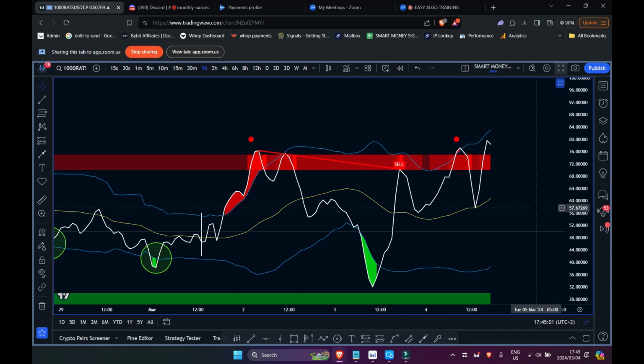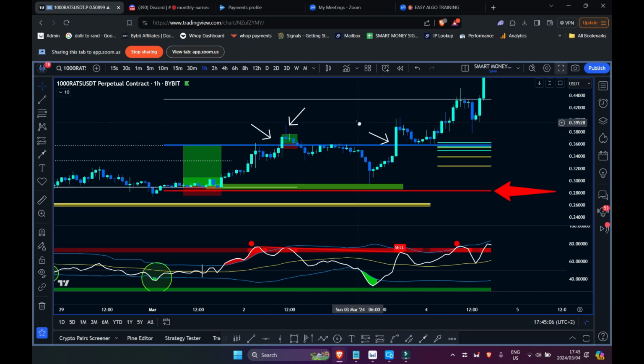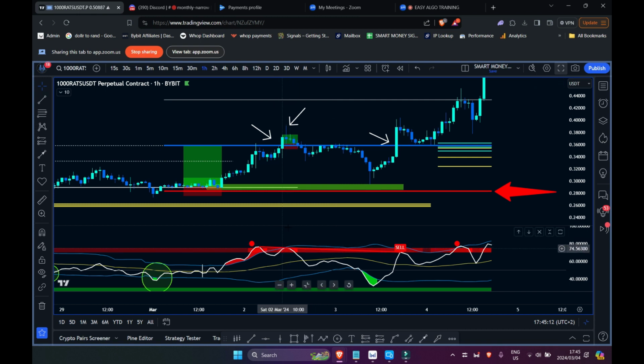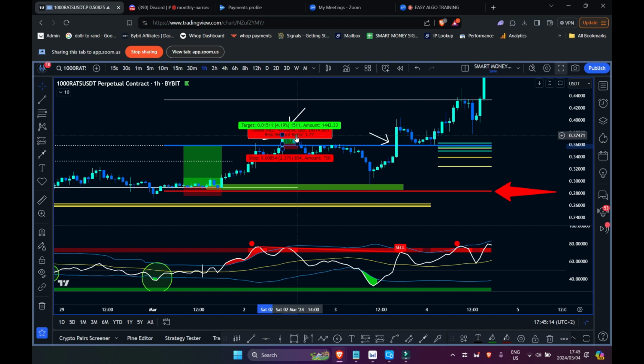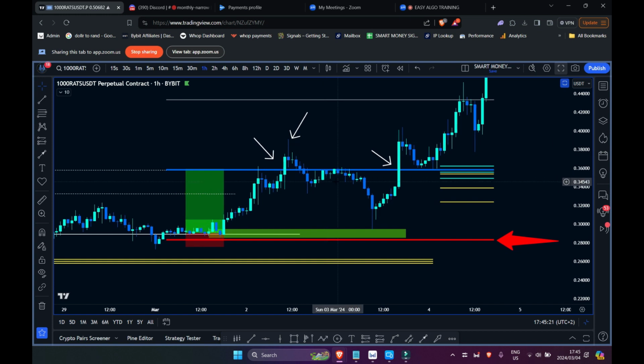So you can see that it's actually losing steam at this point. This candle alone would have been a sure sign to exit on top of the divergence. If you see a divergence with a reversal candle like that, that could have been a sure sign to get out of this trade.